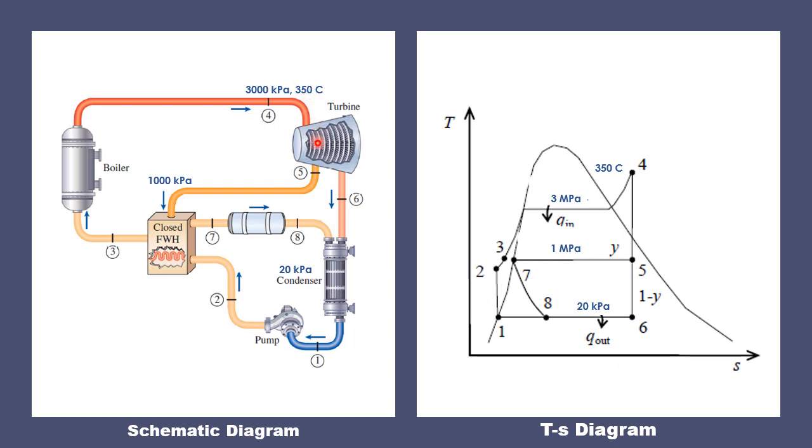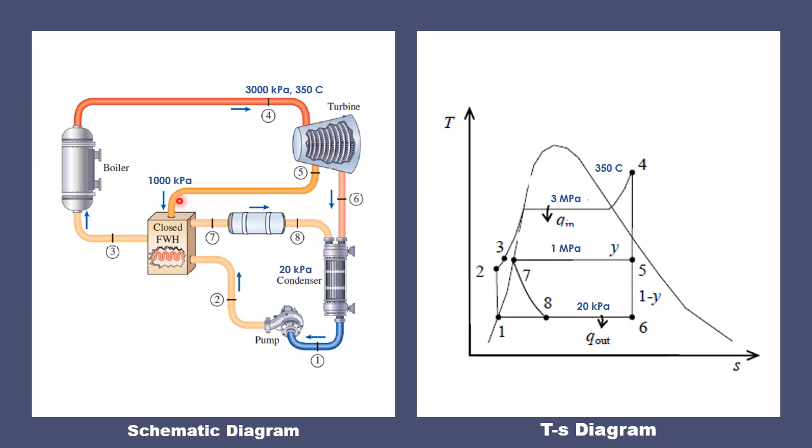Then at the turbine, we extract a portion of that steam at point 5, and we route it to the closed feed water heater operating at a pressure of 1,000 kilopascal. The remaining steam expands to point 6, where it will enter the condenser operating at a pressure of 20 kilopascal.